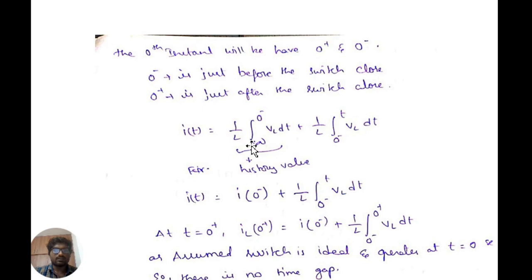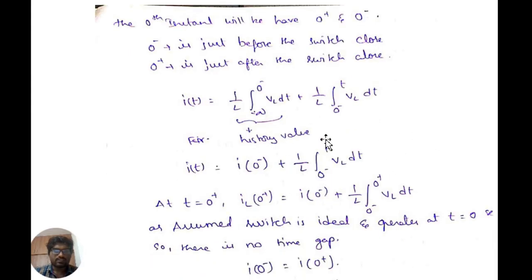So if we split the limits, minus infinity to 0 minus is treated as the history value. Again from 0 minus to t, it is the after-switching case. So the history value can be treated as I of 0 minus.